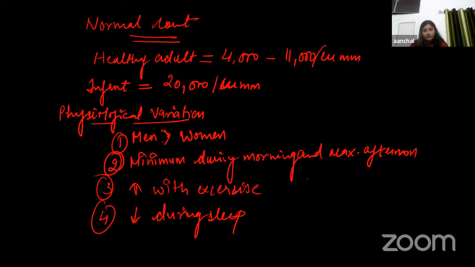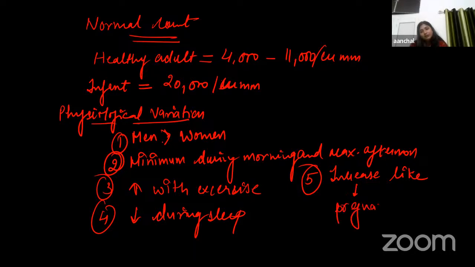Another thing, WBCs increase in conditions like pregnancy or during any emotional condition like anxiety, fear, stress. So in those cases also the WBC count increases. Okay, so this is all about the physiological variation.